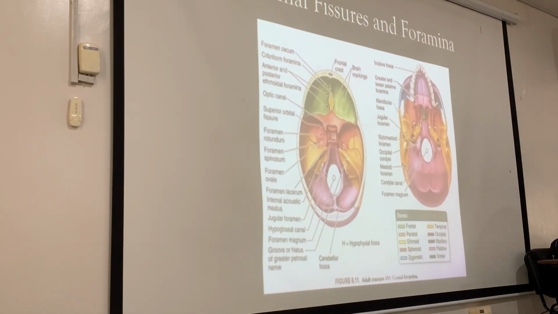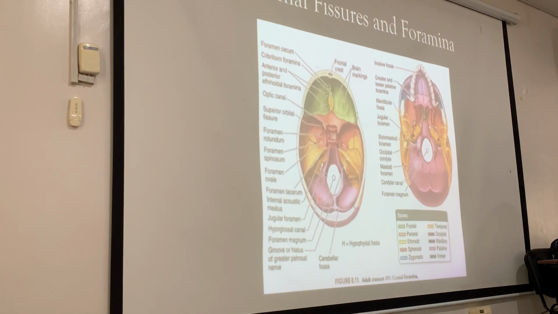So that's the optic canal. And then we have the superior orbital fissure where nerves 3, 4, and 6 exit the skull to go into the eye. And then foramen rotundum, foramen ovale, cranial nerve 5 will exit the brain through these foramina, and so on and so forth.